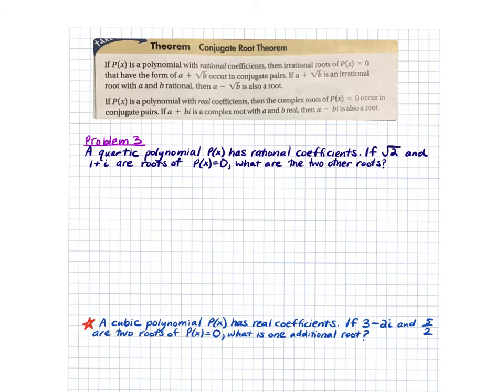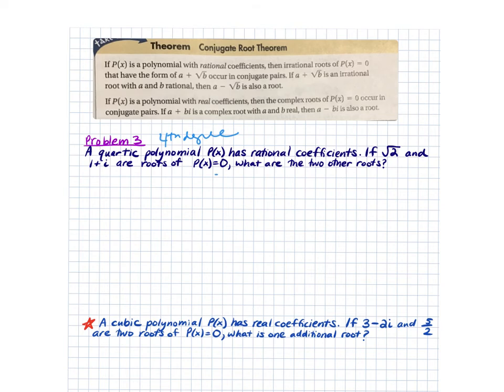So let's look at this first problem. It says a quartic, that's a fifth degree polynomial. Sorry, fourth degree polynomial has rational coefficients. If the square root of 2 and 1 plus i are roots of, when this is equal to 0, what are the other two roots?